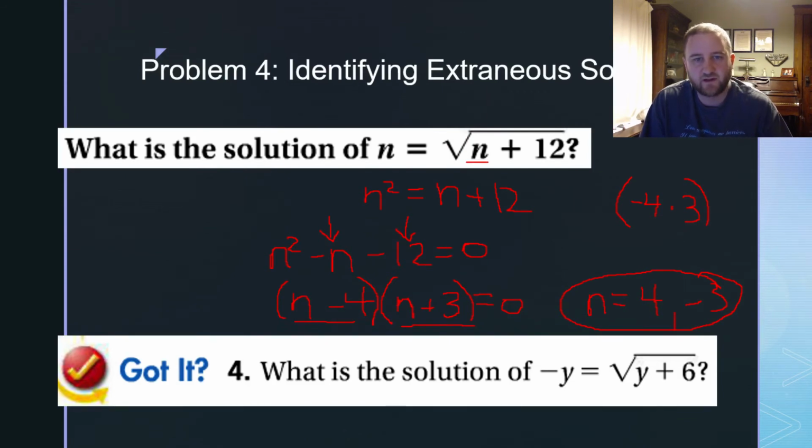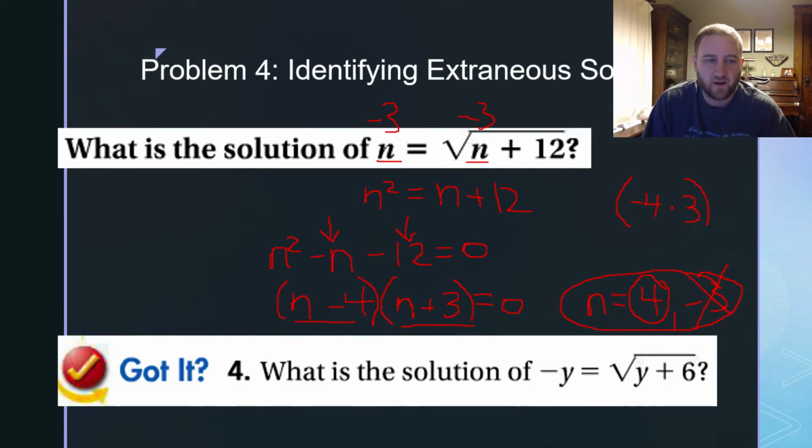The square root of 16 is 4. That equals 4. That's what we want. Negative 3, though: negative 3 plus 12 is 9. The square root of 9 is a positive 3. So negative 3 does not equal positive 3, which means that negative 3 here is an extraneous solution, so our only solution is 4.